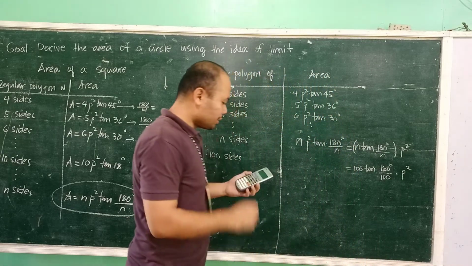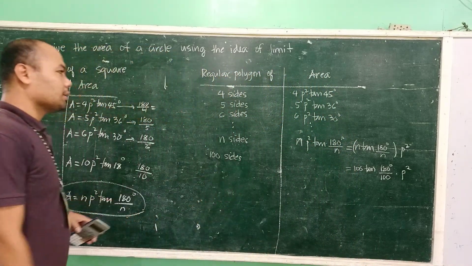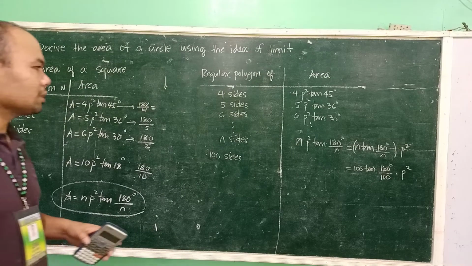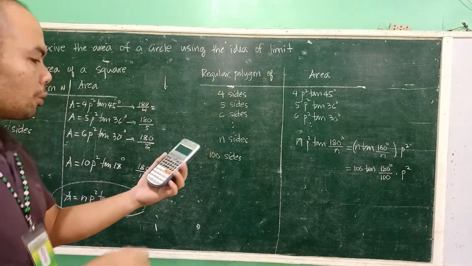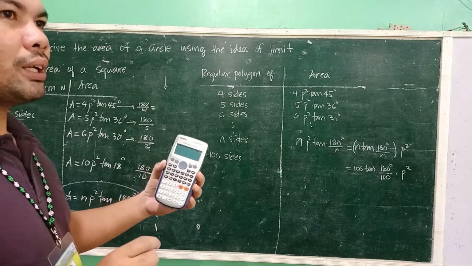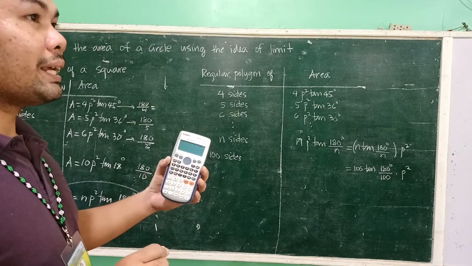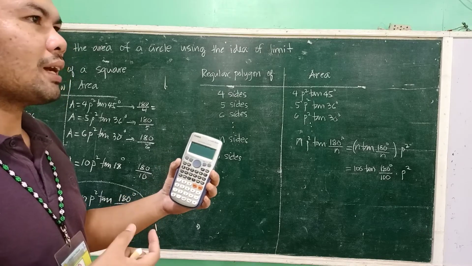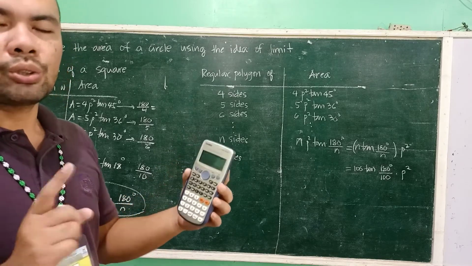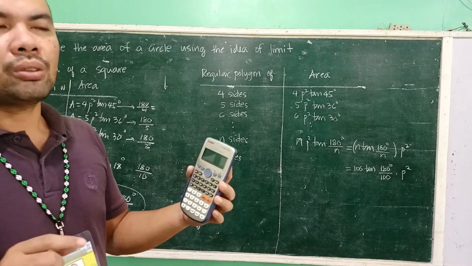Using your calculator, we can evaluate 100 times tangent 180 degrees over 100. Be sure that your calculator is in degree mode, because if the mode is radian, then you will have a different result.